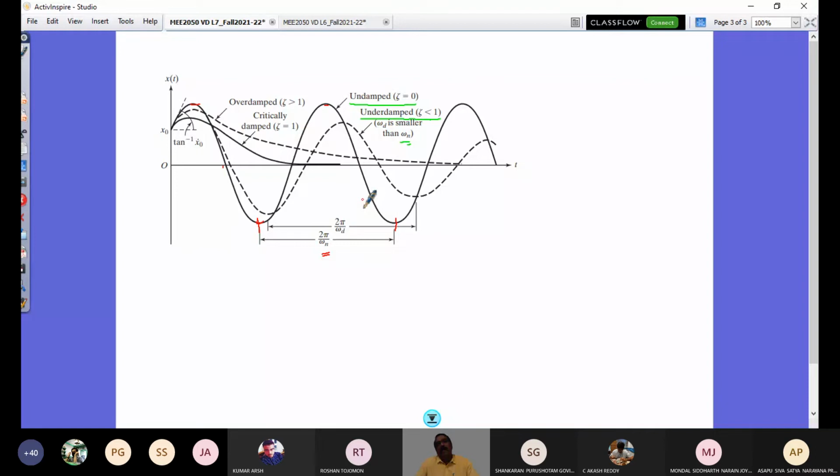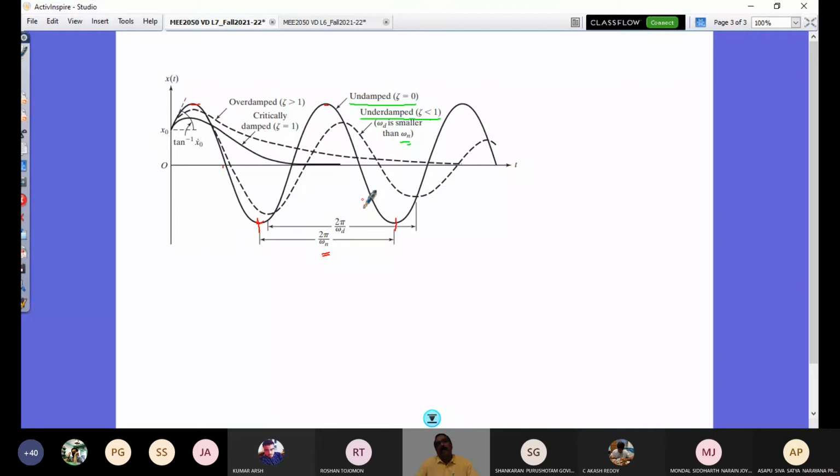Logarithmic decrement, denoted by delta. How is it defined? It is defined as the natural logarithm, log base e, of the ratio of successive amplitudes x1 by x2.